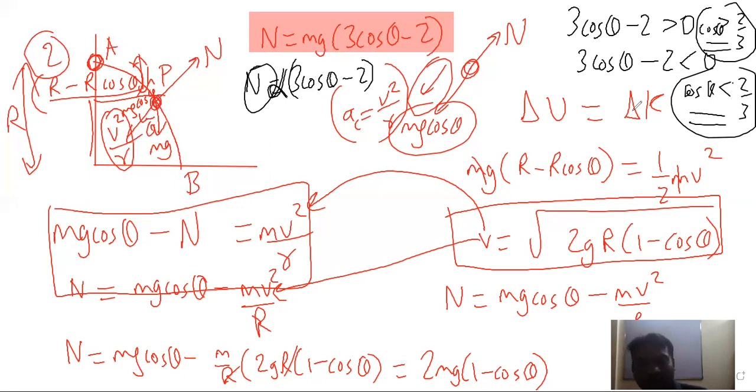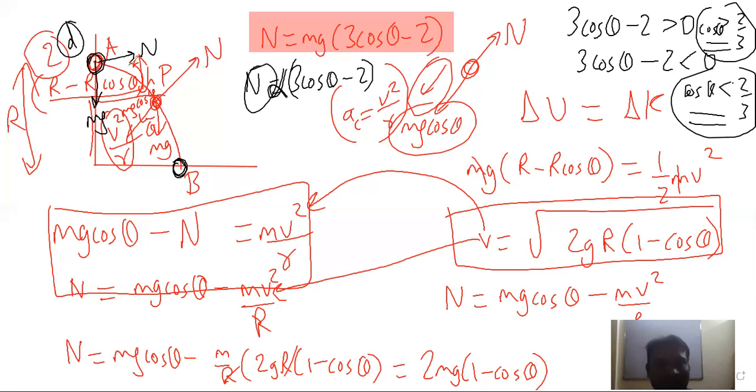So on analyzing this geometrically, cos theta greater than 2 by 3 and then cos theta less than 2 by 3. So we can get the correct answer to this question as option B: radially inwards initially and radially outwards later. So that is how we'll find this. And we can find this the easy way as well. We have mg force here, and at this point, normal reaction is something like this.